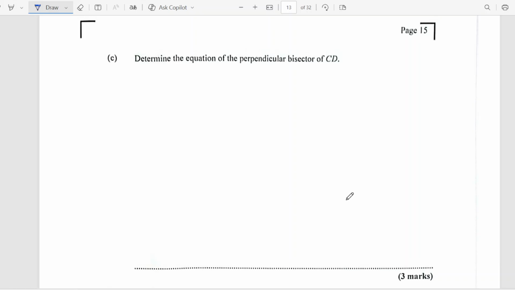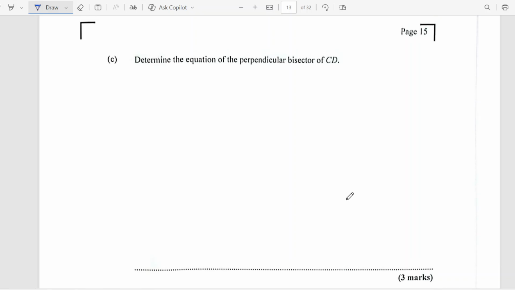Determine the equation of the perpendicular bisector of CD, right? So I need some explanation for this. So if we have a line CD, perpendicular bisector, this is 2 words. Bisect means it's going to go in the middle of C and D, right?